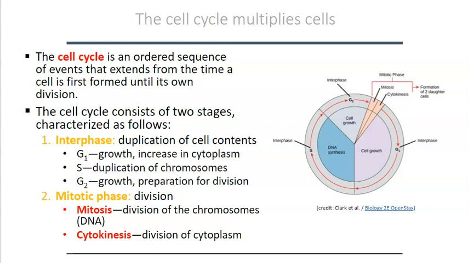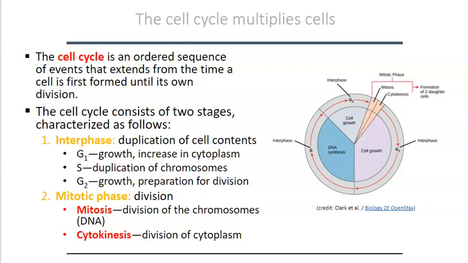What that means is that when you reach maturity, those cells no longer divide. So, for example, most neurons that make up your brain are what we consider amitotic. That means if they're damaged, they can't be replaced by new neurons. Those students that continue on in anatomy and physiology will learn more about this.